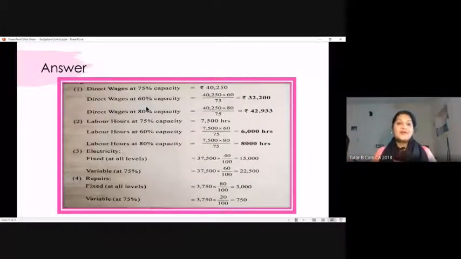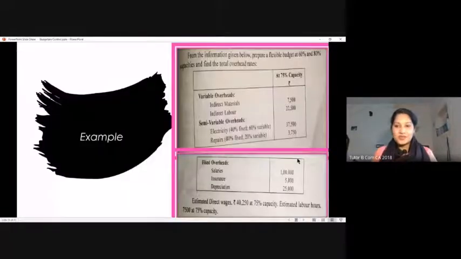Because here we are given 75% capacity, all the information is related to 75% capacity. Now, what is needed here is we also need the cost structure for 60% and 80% capacity. So one by one, we have to find all of it separately.